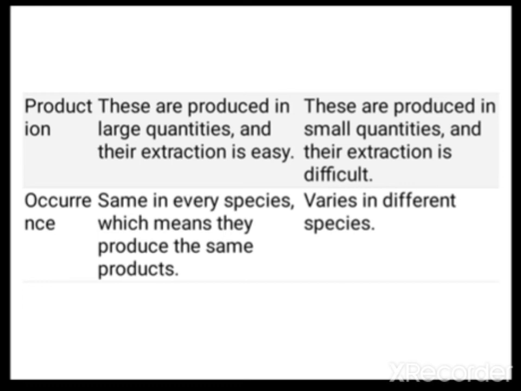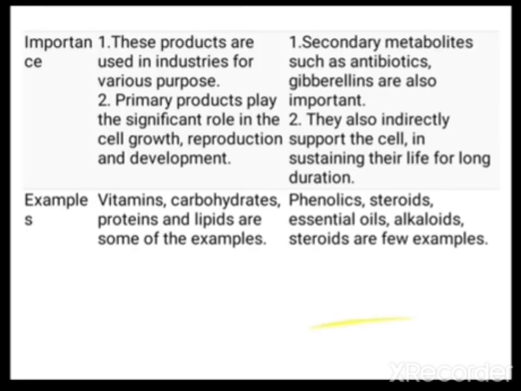Primary metabolites are found the same in every species, which means they produce the same products chemically and even physically, all these properties are the same for the primary metabolites found in different species, but the nature of secondary metabolites varies in different species.